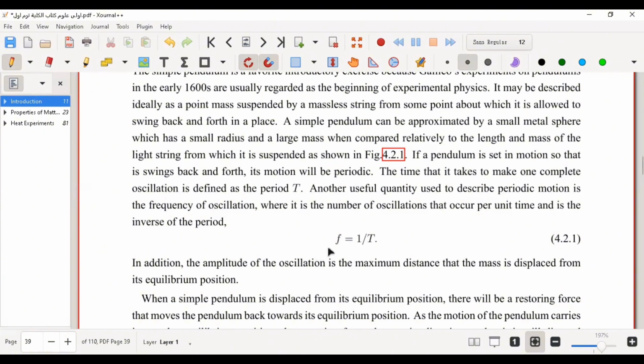The frequency symbol is f, which is here, and frequency equals the inverse of periodic time, which means 1 over T. Also, periodic time is the inverse of frequency, which means T equals 1 over f.